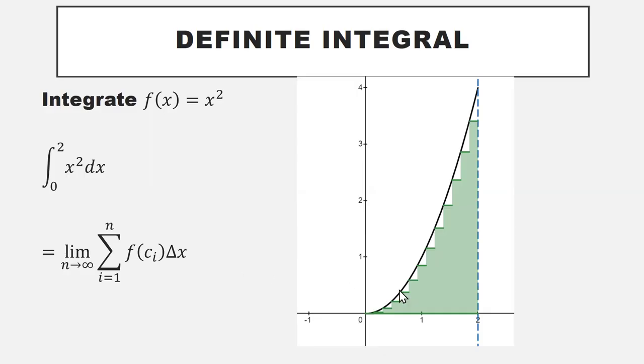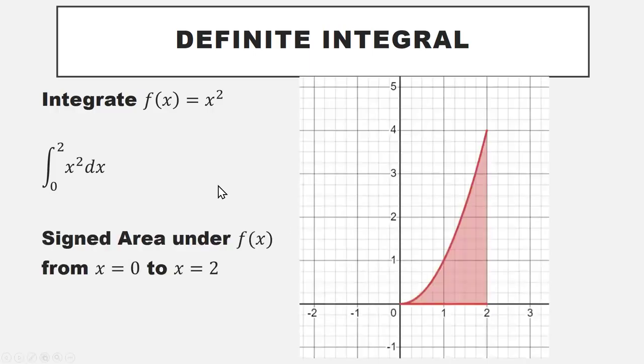And the way it does that is by taking a Riemann sum of a bunch of areas of rectangles. So it approximates the area under the curve with a bunch of rectangles, and then it adds those rectangles up. And then when we take the limit as the number of those rectangles goes to infinity, we get the area under the curve exactly.